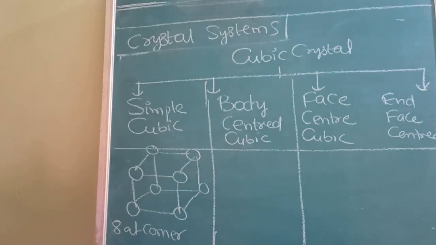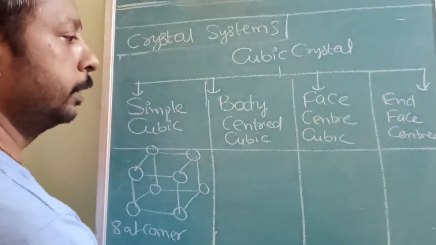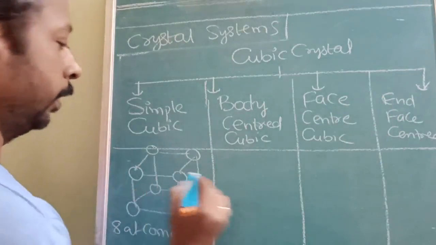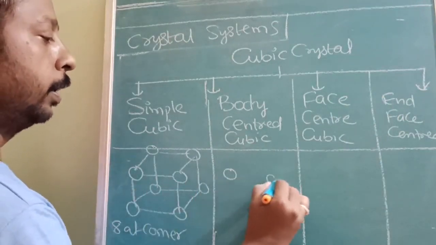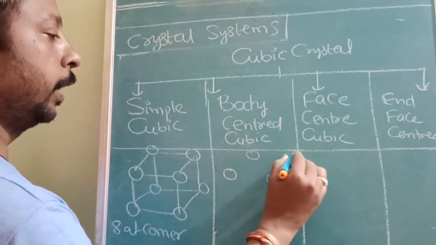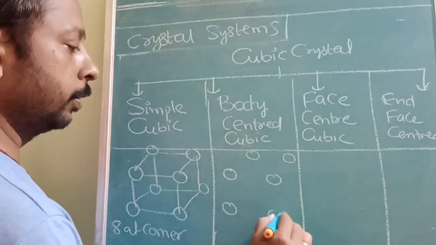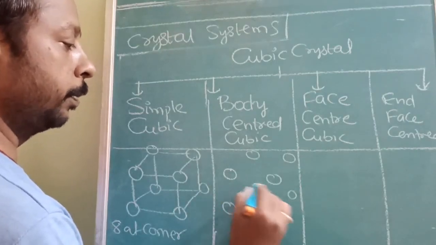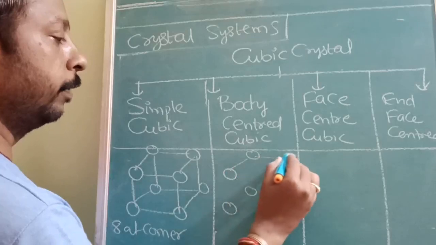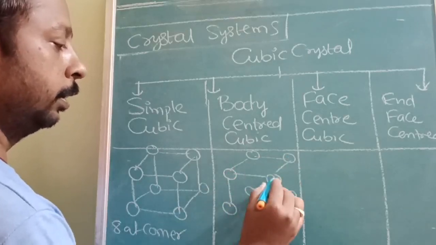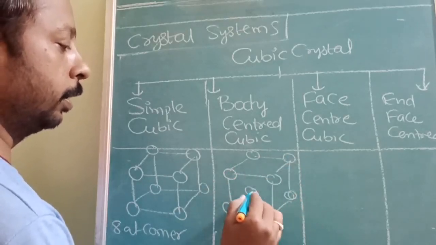Okay, exactly covered. Now let's see about the body centered cubic. Here, in body centered cubic, the lattice points will be at the corners.